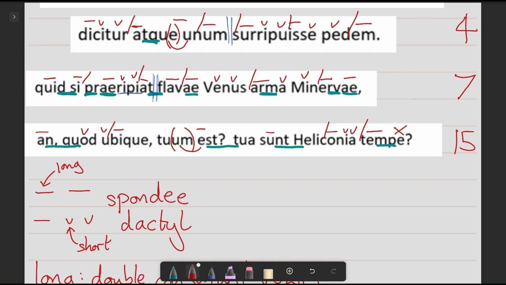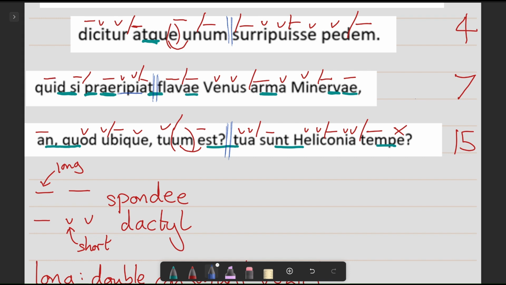And quod ubique tuest tua sunt Heliconia tempe, with the caesura between the est and tua. Feminine caesura. It's not that hard, is it? Sometimes you can sort of feel where it's meant to be as well. I have that. Maybe it's just because I'm a musician.